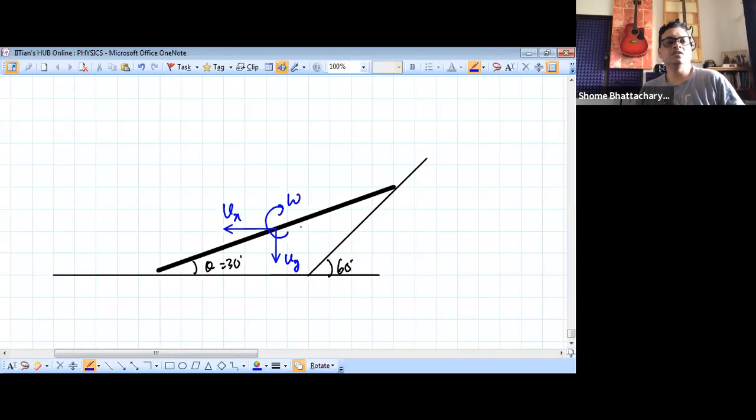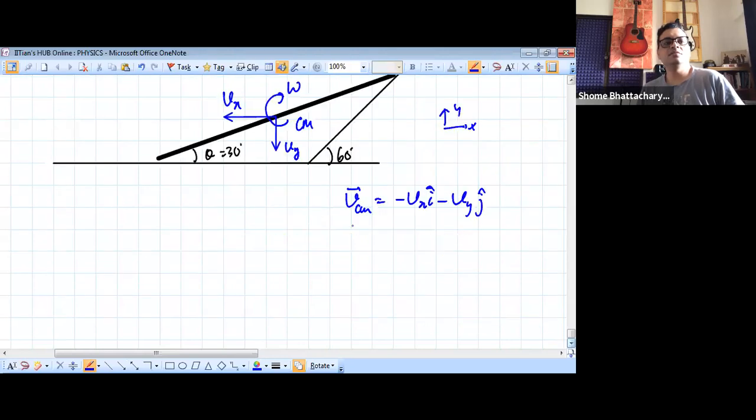So this is the state of the center of mass. So if the center of mass has some velocity, which taking a normal system of axis is minus vx i cap minus vy j cap, and there is some angular velocity omega, which you can see is going into the plane, so I'll write it as minus omega k cap like this.